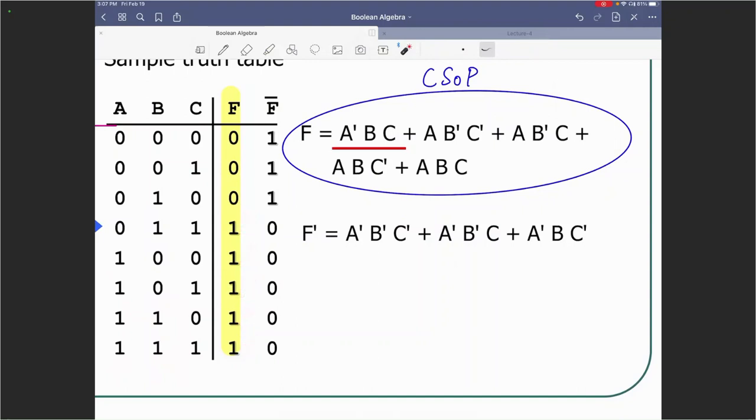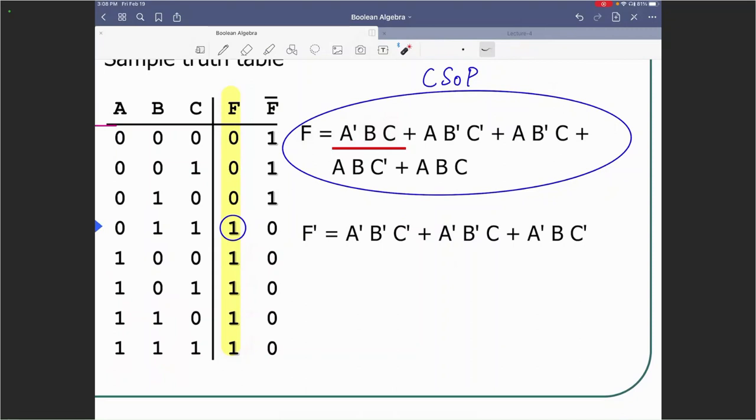So now let's try to look at this one. F is a 1 when A is 0, B is 1, and C is 1. That translates to F is 1 when A complement and B and C goes to a 1.